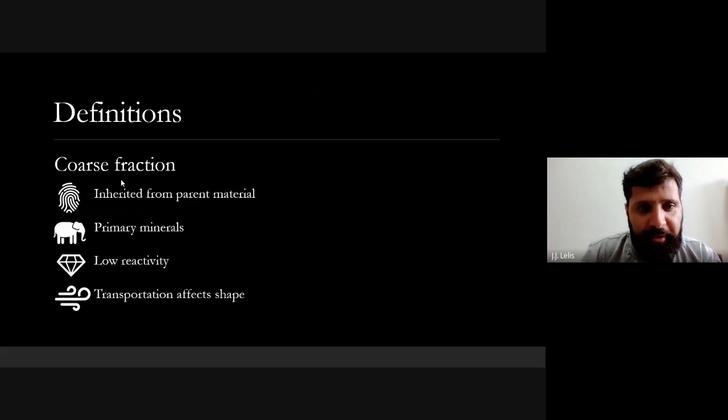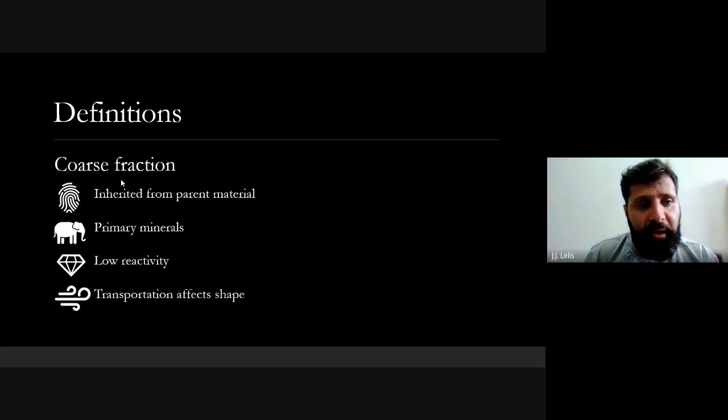Each parent material produces one specific coarse fraction. So it's quite important to analyze and describe the coarse fraction in a lot of detail, because it tells us a lot about which parent material produced those soils that we can see in the field.